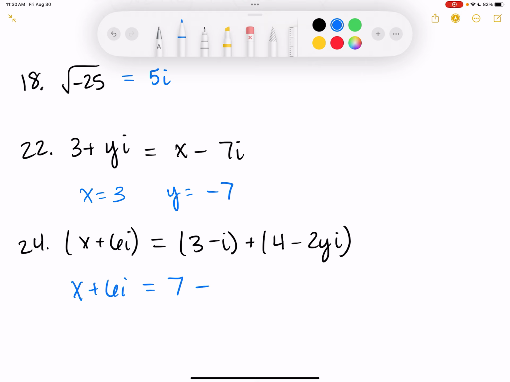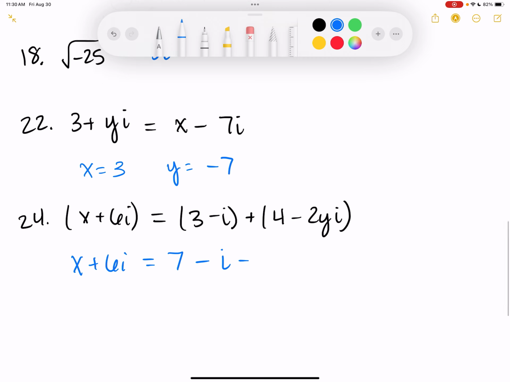Okay, hold on. This is what you said, right? I flipped the i and the 2yi. But that's probably more correct. Yeah, this is essentially what you said, right?